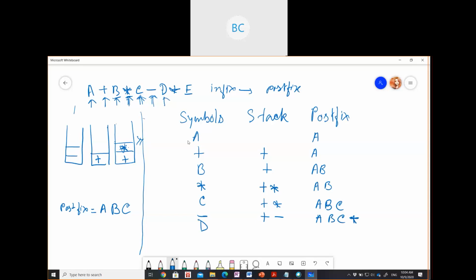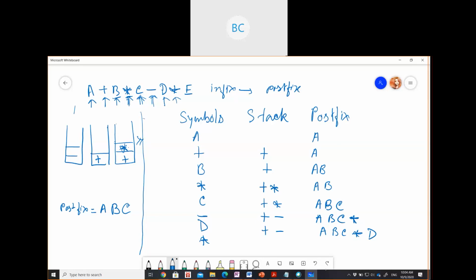Next you have a symbol D. So you will keep it as it is and put it in the postfix notation. Next you have another multiplication. Okay. So now again you will see what are the symbols in your stack.